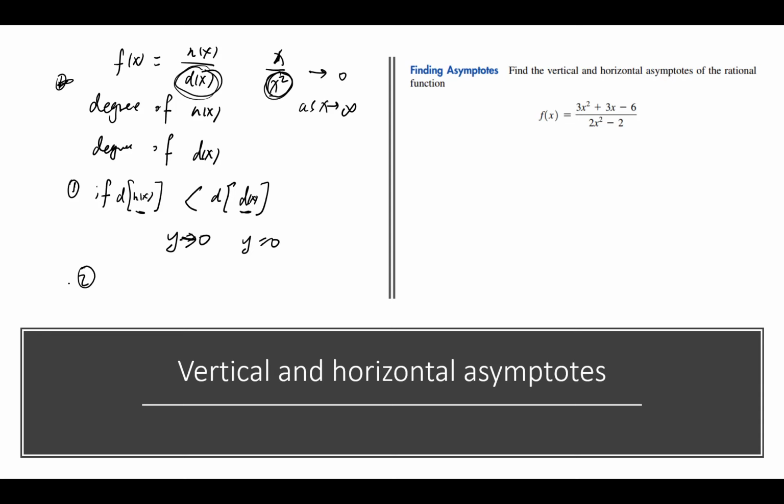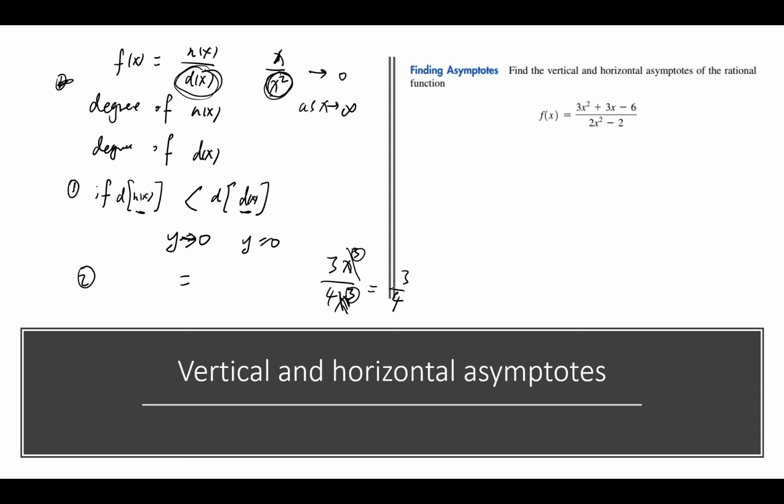Now the second case is, what if they are equal to each other? So the degrees are the same. For example, we have 3x cubed and 4x cubed. Both have degree 3, so we can cancel them out. The net result of the horizontal asymptote is 3 over 4.